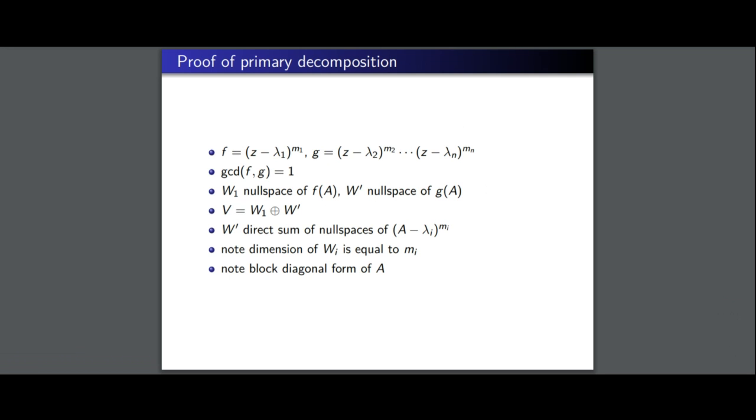Okay. And then since W prime is the direct sum of those different kernels, V becomes the direct sum of W1 and all the rest. Okay.